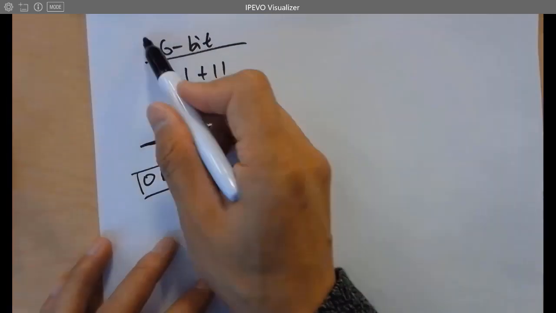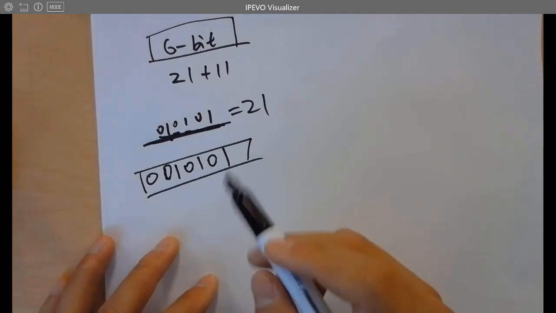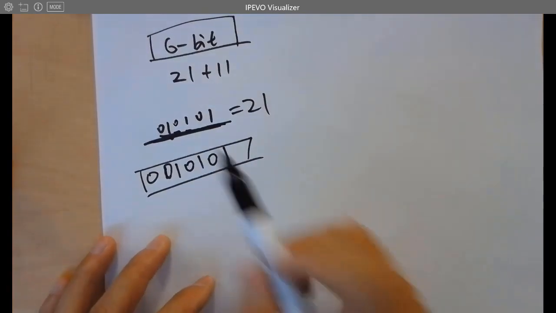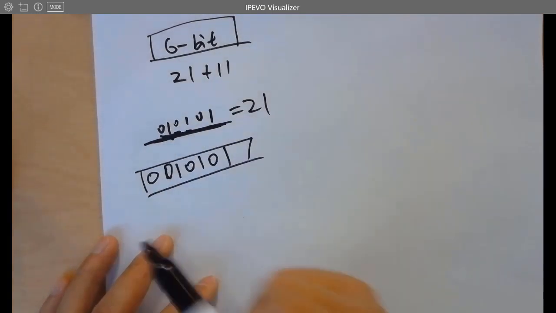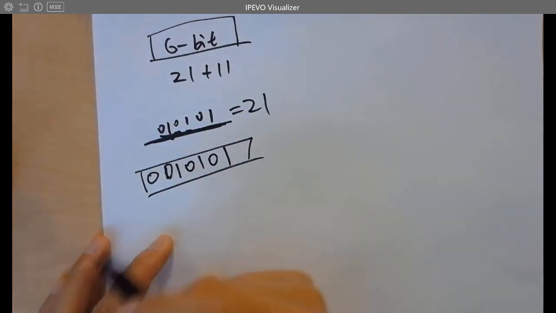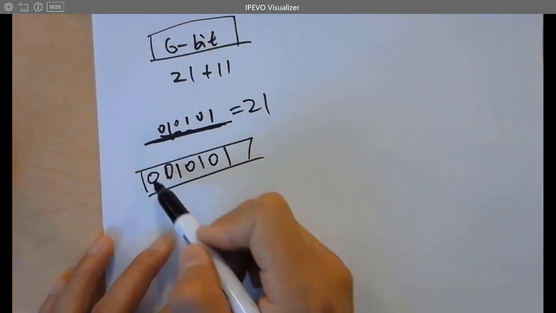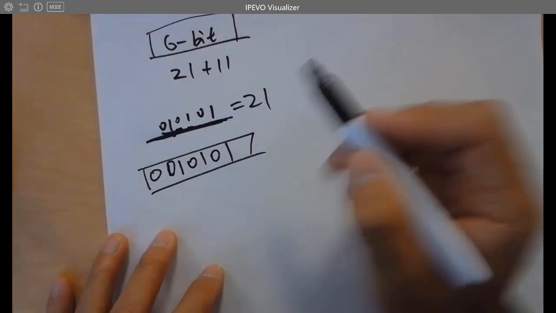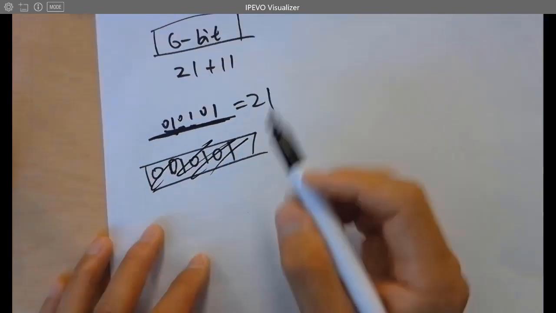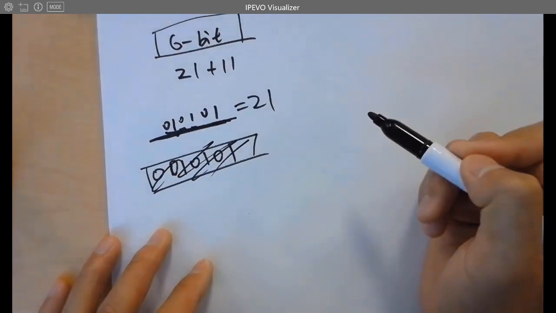So what I'm saying is, in the 6-bit computer system, you have to keep 6 bits. You need 6 bits to make up this number, but not more, not less. If you need a 0, just make up a 0 in the front. Finally, make it into 6 bits. So this is not right. So 6-bit 21 will be this. What is a 6-bit 11?